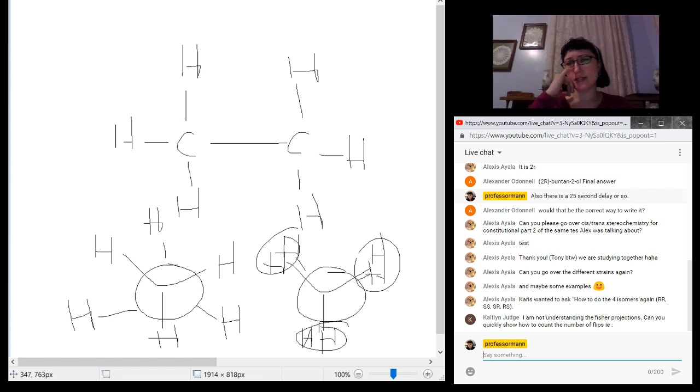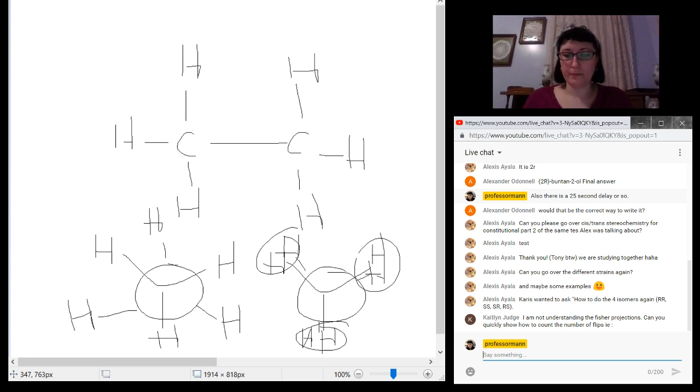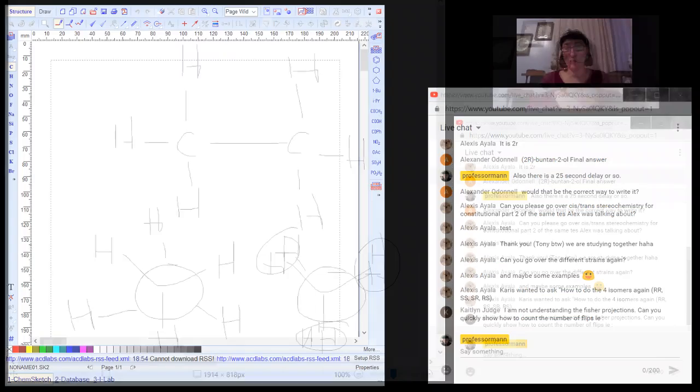Karis wanted to ask how to do the 4 isomers again. Well, there's about 40 different ways to do that. So it's kind of however you do well with it.